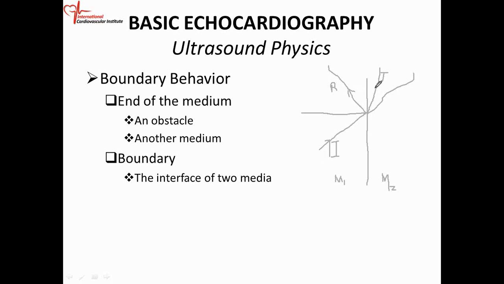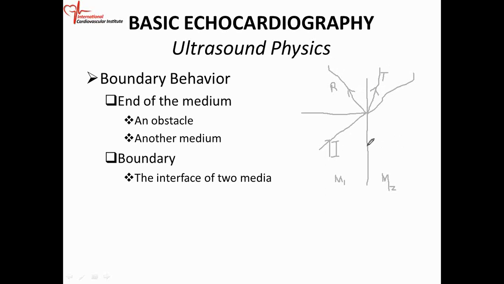And then this is your transmitted wave, which is going to be refracted. It's going to bend. Okay? So a portion of your incident wave is going to be reflected, and a portion is going to go through to the next medium, but it's going to be bent because the two media have different density.